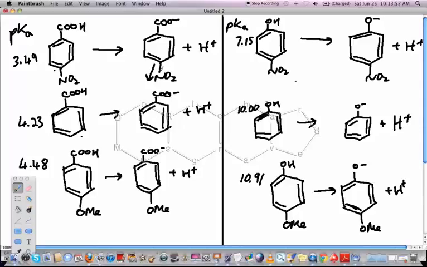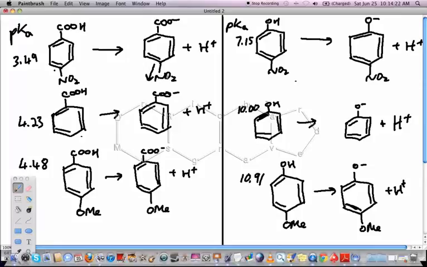Now since this anion is more stable than the anion we've got down here, we get an increased acidity, which is a lower pKa value. So we've got 3.49 versus 4.23, indicating that this is a stronger acid than this one is.